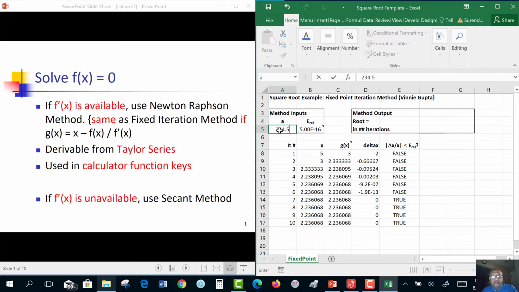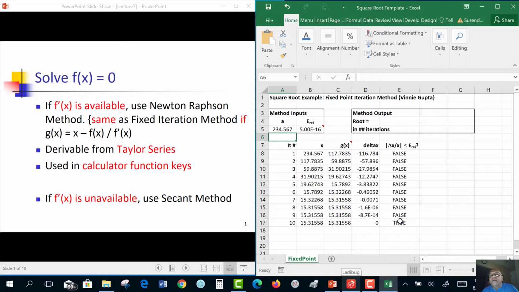I'm just trying, I've never tried it before. But here is my 6-digit number. Notice it converged in the 10th iteration. So what we can do is mathematically show that it would guarantee that we would converge to 15 digits in so many iterations. And that is how we will program our calculator key.